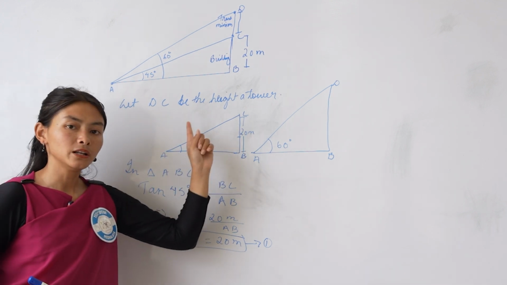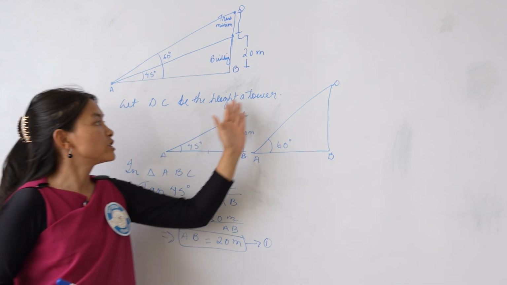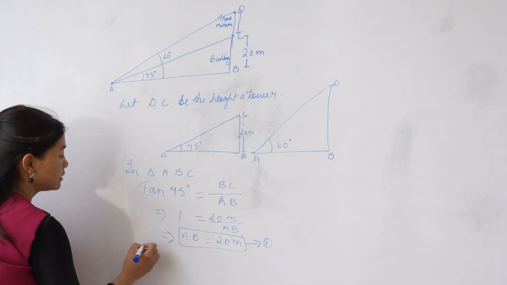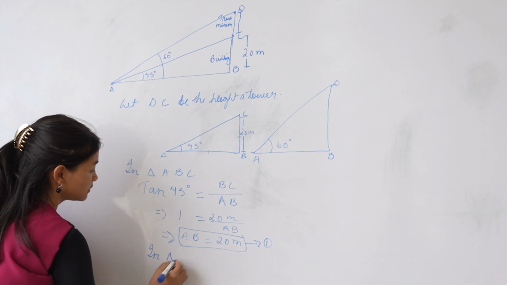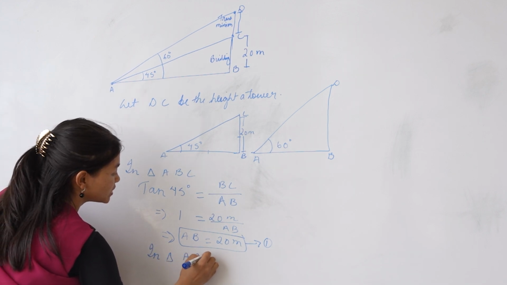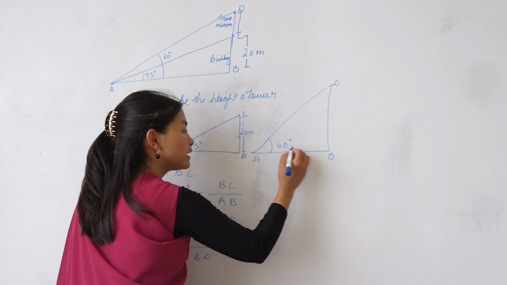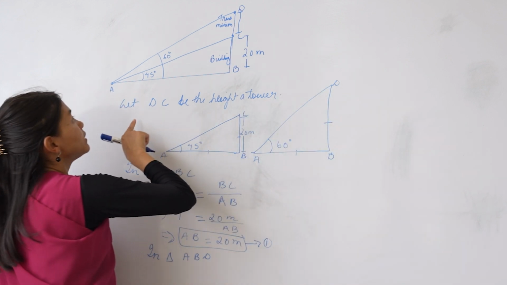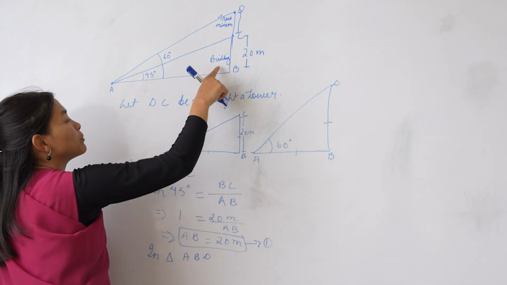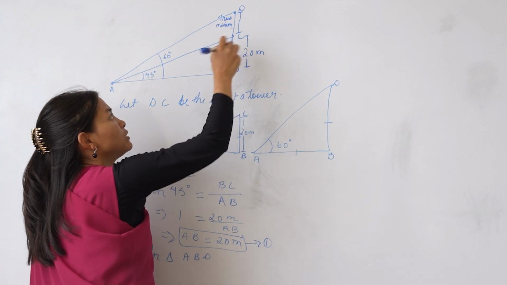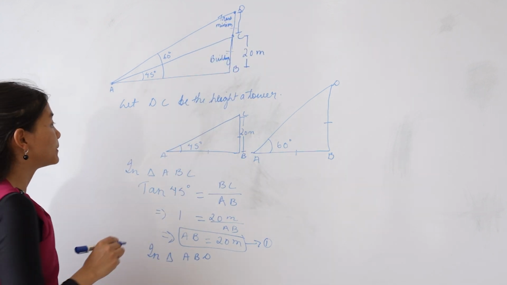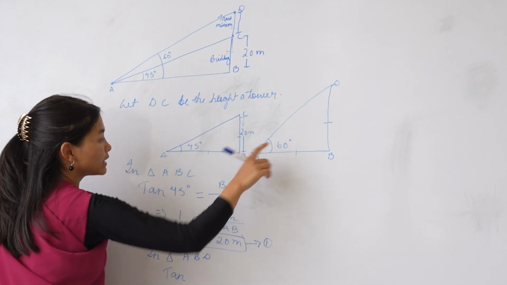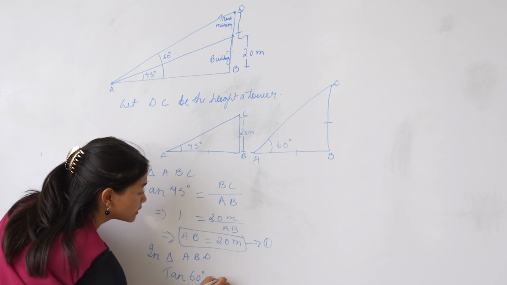Now we have the triangle with 90 degree. Next we have triangle ABD with 60 degree. So in triangle ABD, again here we have AB and we have to find BD. BD is the height of the building as well as the height of the transmission tower. The angle here is 60 degree.